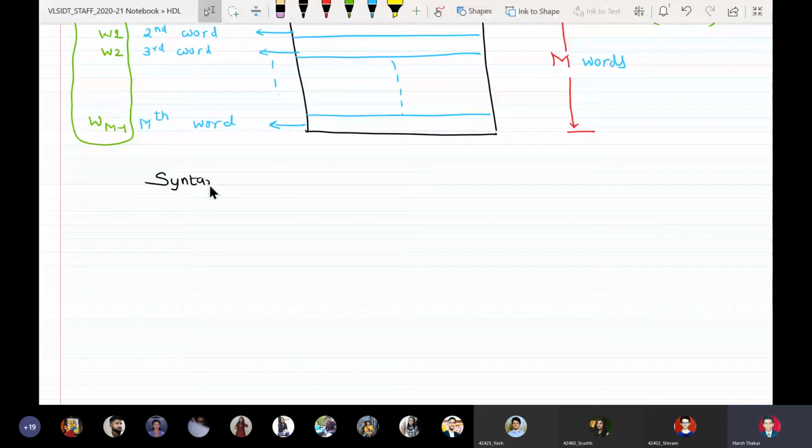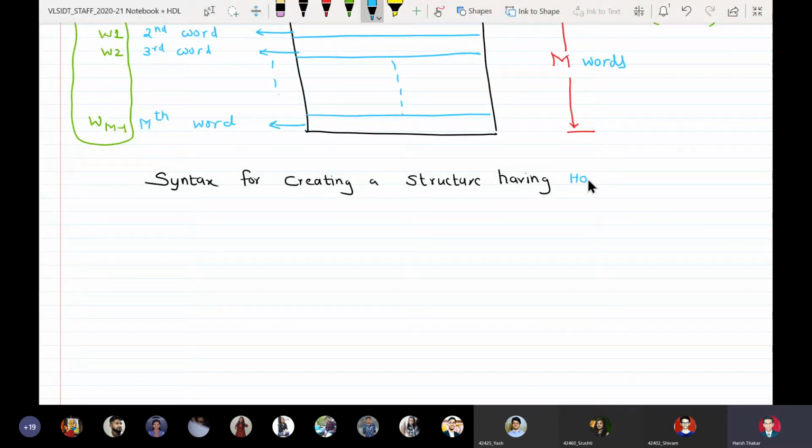Syntax for creating a structure having horizontal spread is nothing but our vector data type.